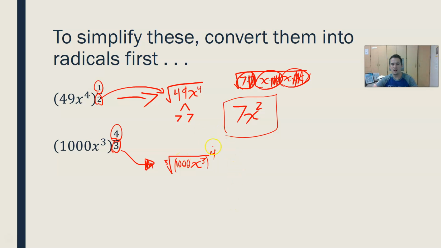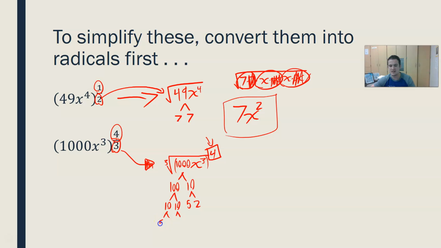Okay, well, ignoring this power for a minute, let me put this power aside for a second. The cube root of 1000x to the third, I can do that. I know how to take the cube root of something. Let's break down 1000 into its prime factors. Well, let's see, 1000, let's divide it by 10. That's 100 times 10. 10 is 5 times 2. 100 is 10 times 10.